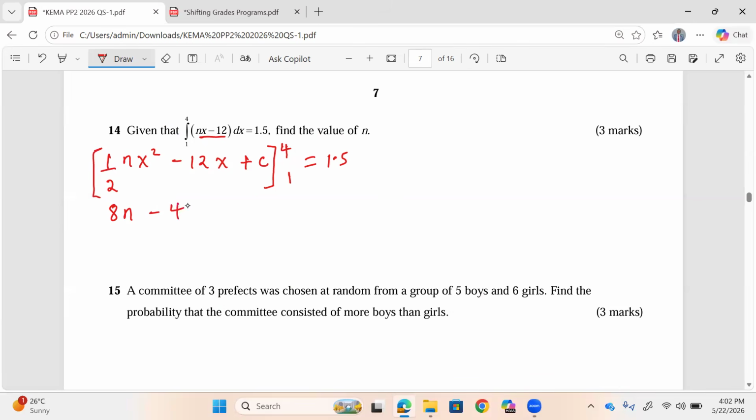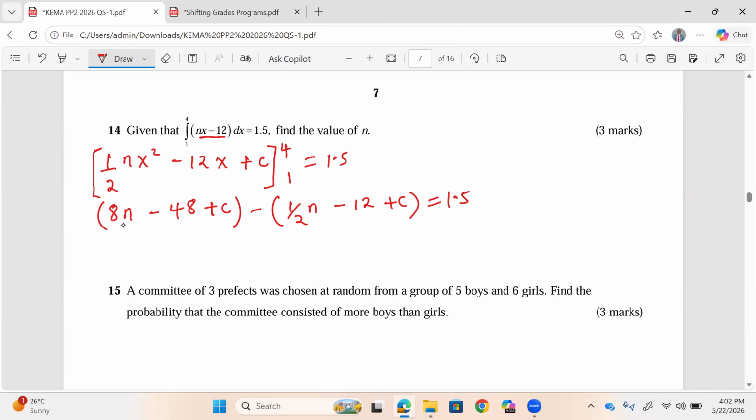So we have 48 plus c. Then we subtract the same, but we substitute 1 in this case. So half times n times 1 squared just becomes half n minus 12 times 1. This is just 12 plus c. Should get 1.5.